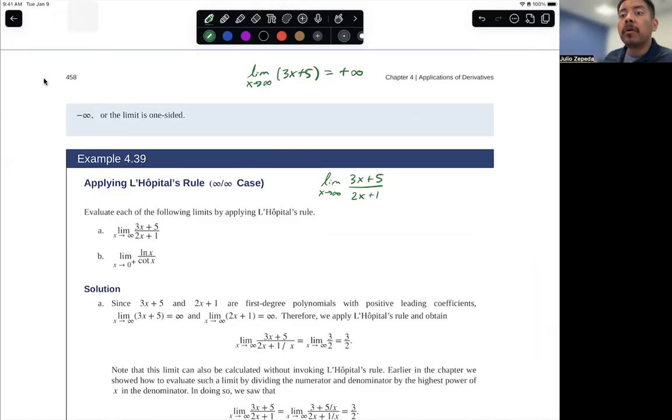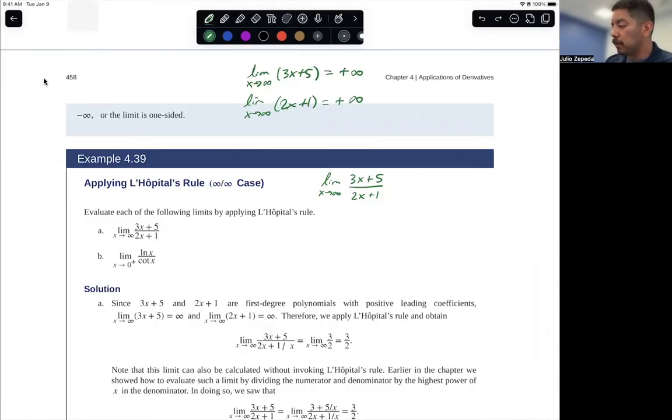The numerator is growing infinitely large. The denominator, 2x plus 1, as x goes to infinity, is also going to positive infinity. So we have a numerator growing infinitely large and a denominator growing infinitely large. What's the limit going to be of this quotient? What value is going to be approached by this function?